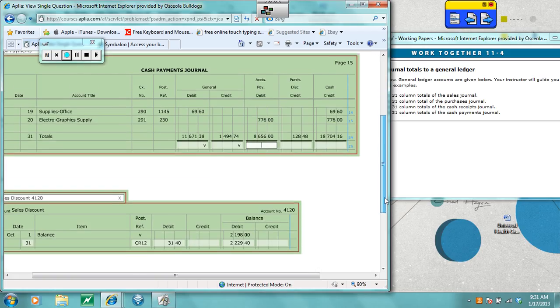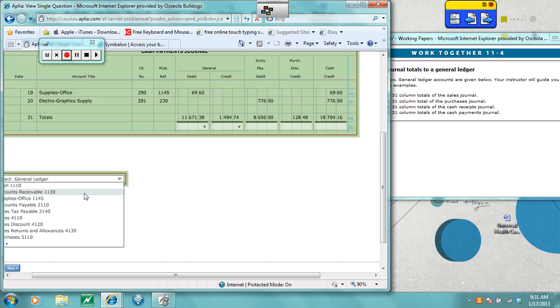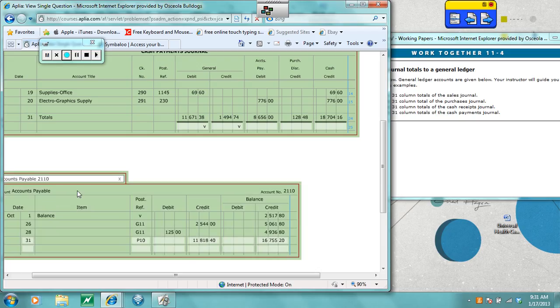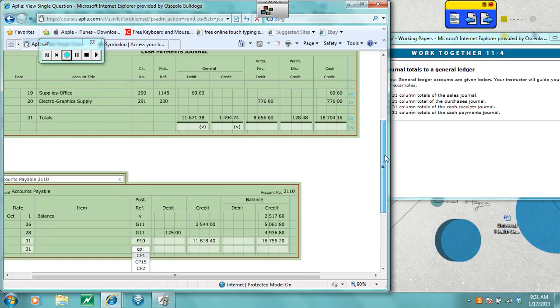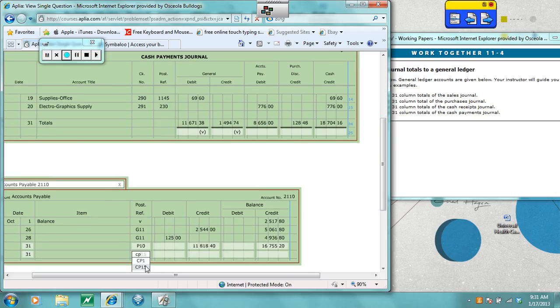Accounts payable debit. I wonder, they want it in parentheses. Duh. Boy, was I silly. Okay. We have accounts payable debit amount. So, 31st. It's from the cash payments journal. Page 15. This doesn't really want to work, does it?